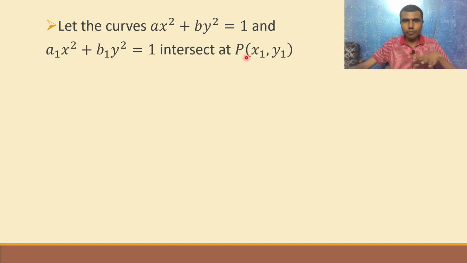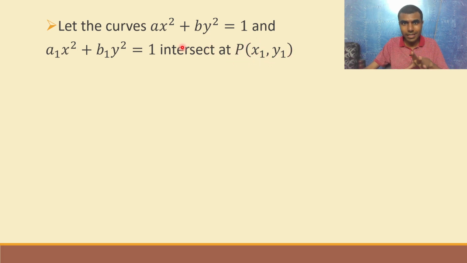Let the curves meet at P(x1, y1). As I already mentioned in my previous example, where the curves meet at the point of intersection, we'll find the slopes of tangents. So first I should know the point of intersection, right? That point of intersection I'm taking as x1 comma y1. Since these two curves intersect at x1 comma y1, this point lies on both the curves.